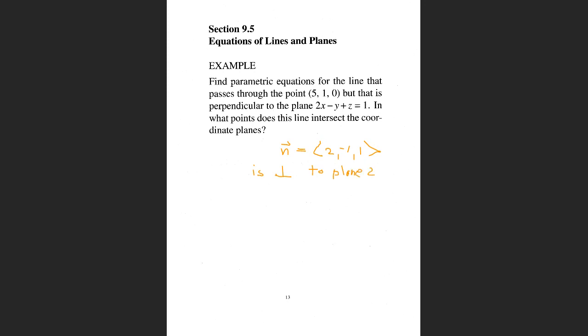given as 2x - y + z = 1. So once again, the vector (2, -1, 1), which is found by looking at the coefficients of x, y, and z in the equation of the plane, is perpendicular to the plane.